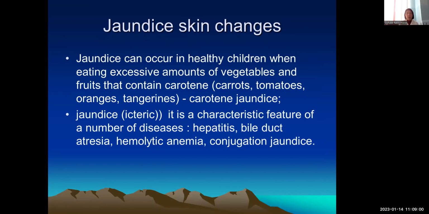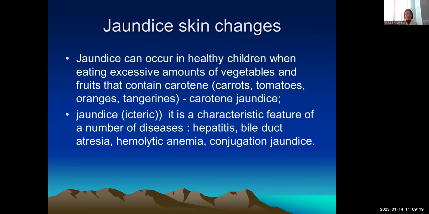Jaundice also can be pathological or physiological. Jaundice can occur in healthy children when eating excessive amounts of vegetables and fruits that contain carotene: carrots, tomatoes, oranges, tangerines.